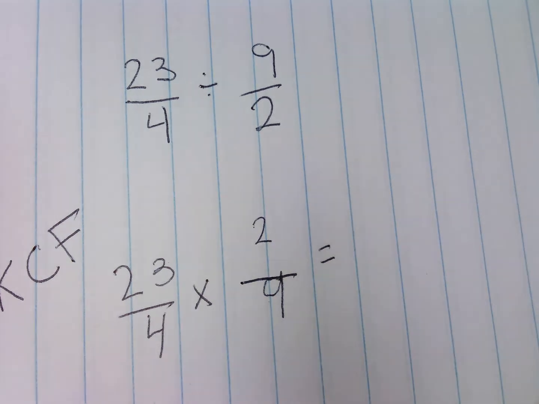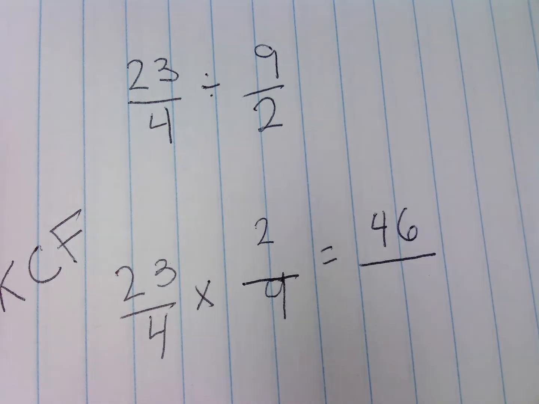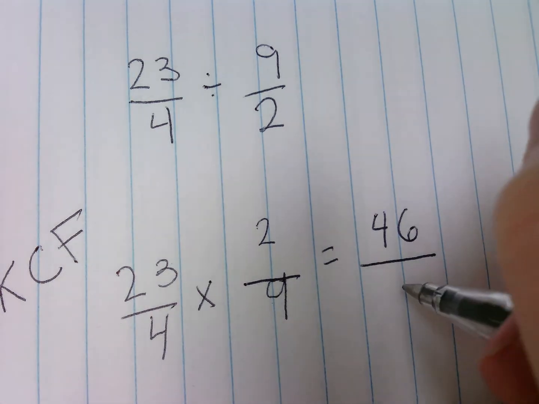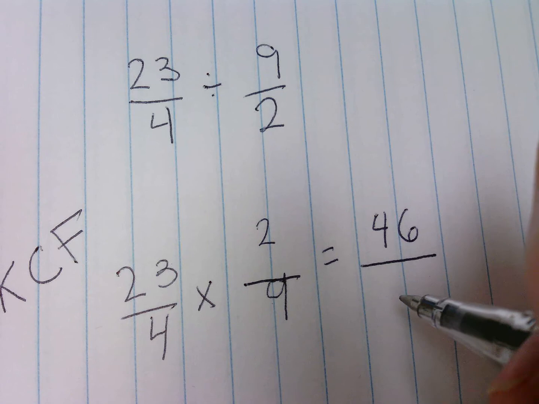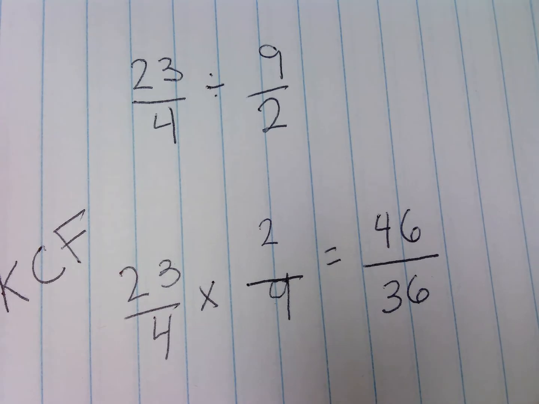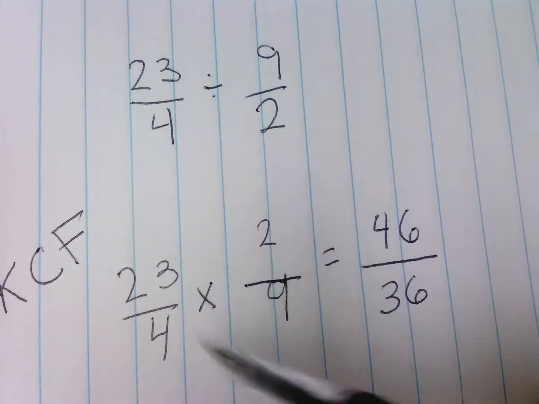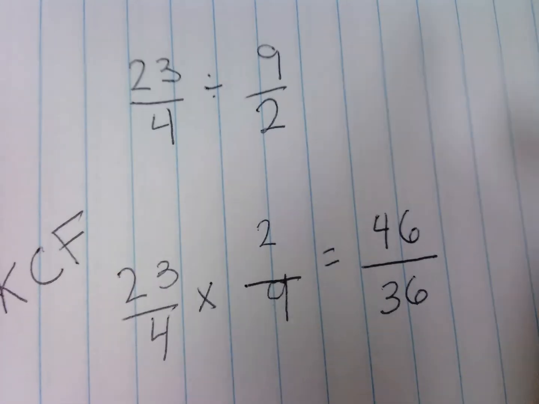All right. So now I have to find out what is 23 times 2. Let's look. Becomes 46. What is 4 times 9? Becomes 36. All right. This can also be simplified before you multiply, or you can simplify it now.